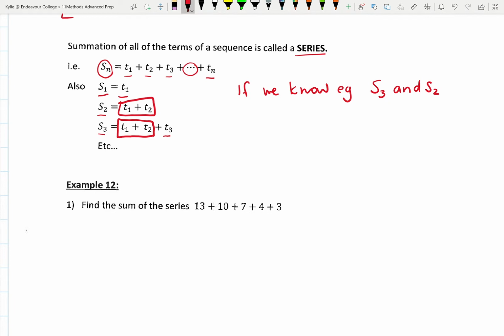So we could rewrite this line here as the sum of the first three terms is the sum of the first two terms plus the third term. And so if we know S3 and S2, then we can rearrange it to be S3 minus S2 equals our third term.